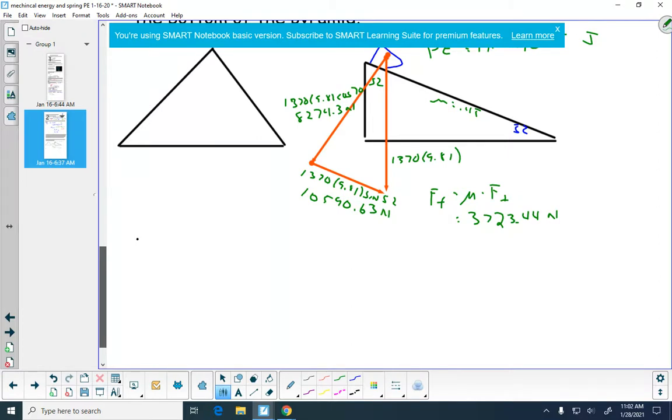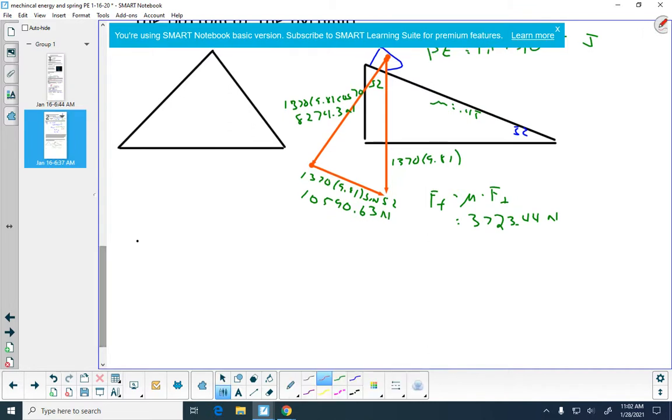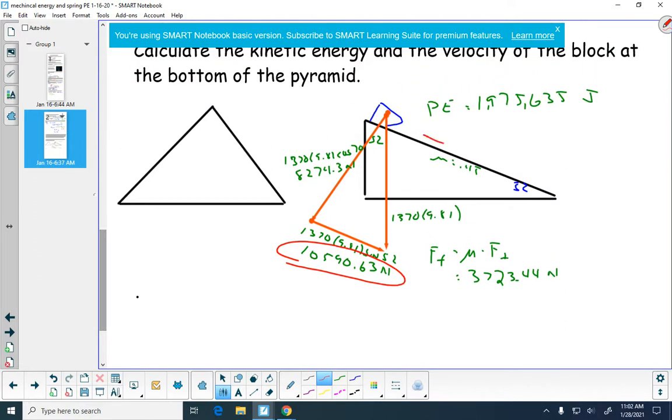Okay. Now, that is our force of friction. We have our force parallel, which is sliding it down the plane. We have a force of friction sliding up the plane, resisting our motion.